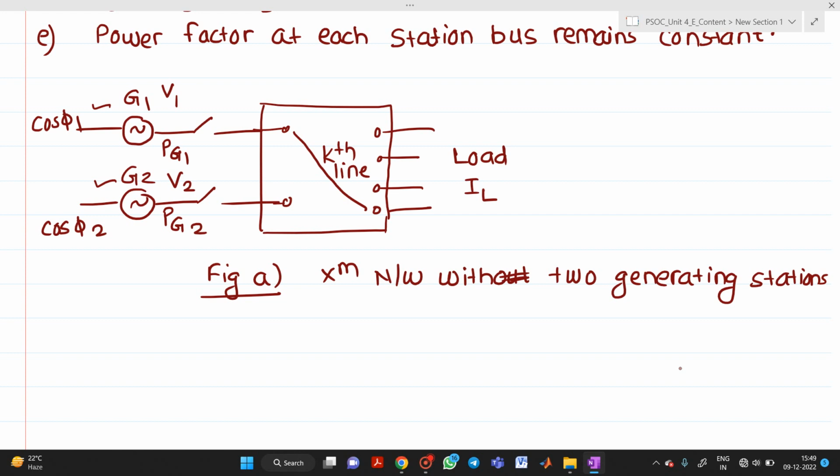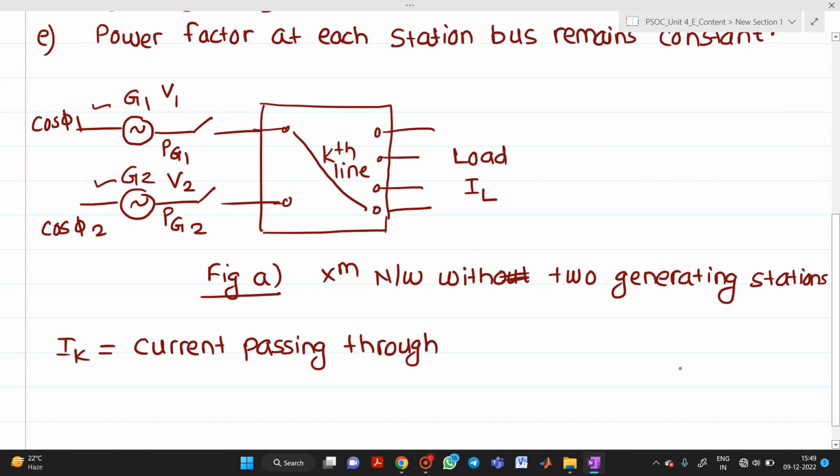Now, if we want to determine the current in any line, let's say the kth line, then we have to apply the superposition principle and determine the current passing through the kth line, that is IK. So I can write IK as the current passing through the kth line.